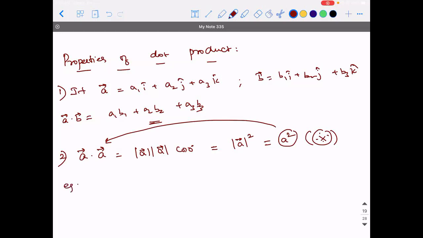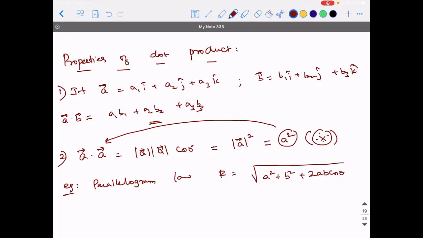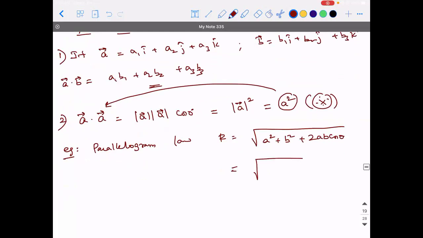Example, from parallelogram law of vectors, what is the formula for R? It is root of A square plus B square plus 2AB cos theta, right? Actually, you can also write it as, in the place of A square, I can write it as A vector dot A vector.